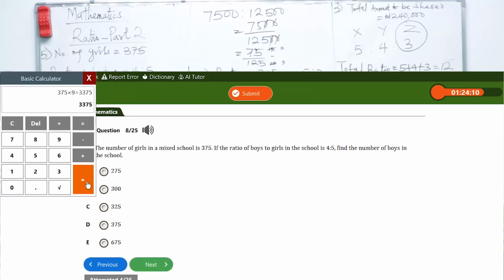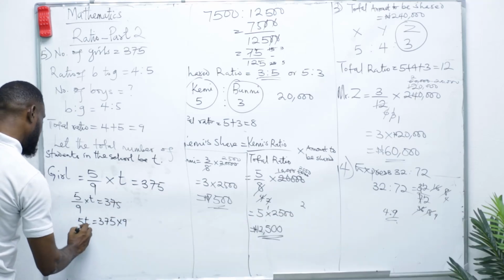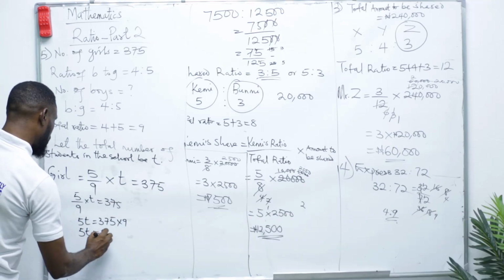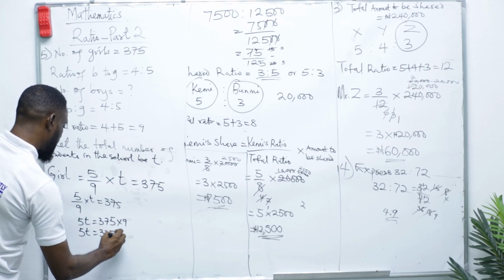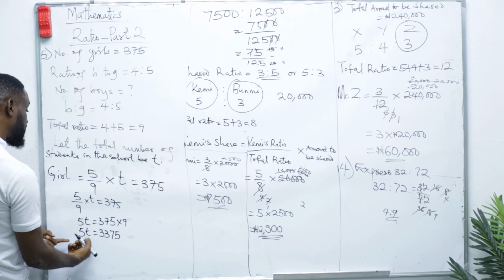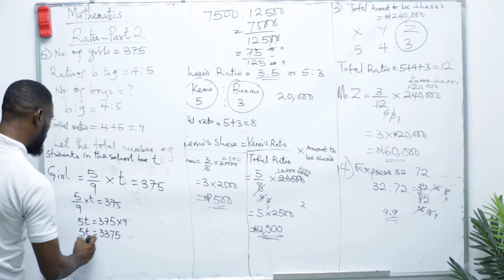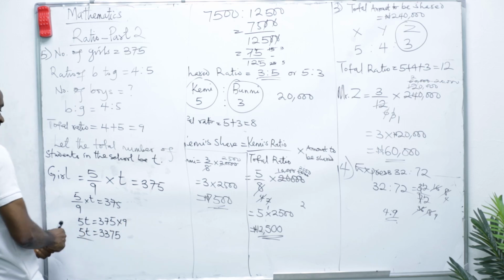So this means that 5T is equal to 3375. To get the value of T, which is the total number of students, we divide both sides by the coefficient of T, which is 5.